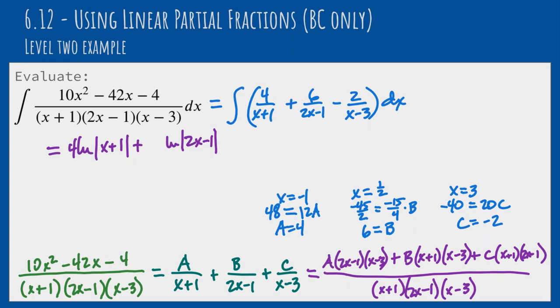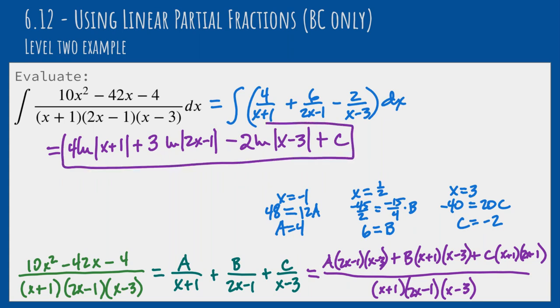So I need to divide by 2, and instead of a 6 coefficient, I'm going to have a 3 for a coefficient. So when I take the derivative, that 2 times 3 is going to give me the 6. This is one where substitution might be a good choice just to make sure you don't make a mistake. And then the last one, we're going to have minus 2 natural log of the absolute value of x minus 3. And then for our antiderivative, don't forget your plus C. And there you have it.